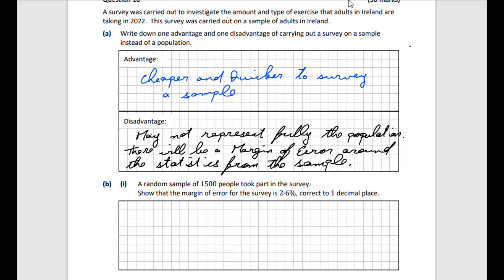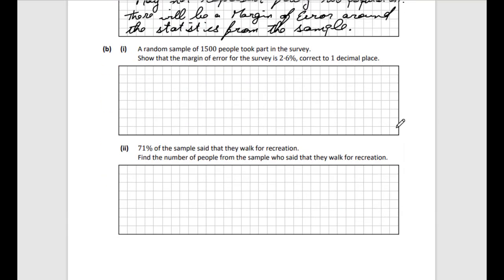So a sample is never fully accurate. If you take one sample, you'll get one answer for a mean, a median, mode, or proportion. But if you take another sample, if your sample is big enough, you should get something fairly similar, but it's usually not exactly the same as your original statistics. So it's called sampling variability. So there will be an error around sampling.